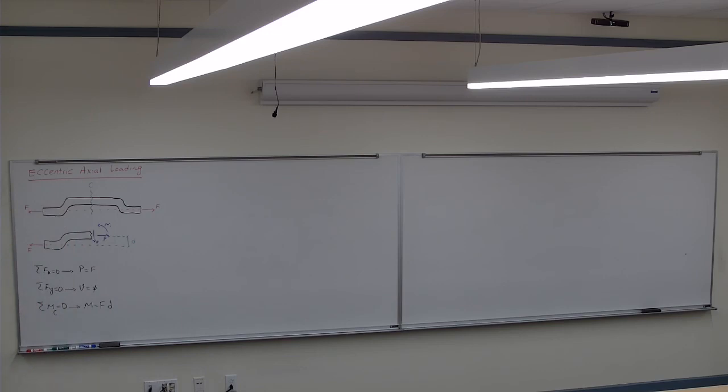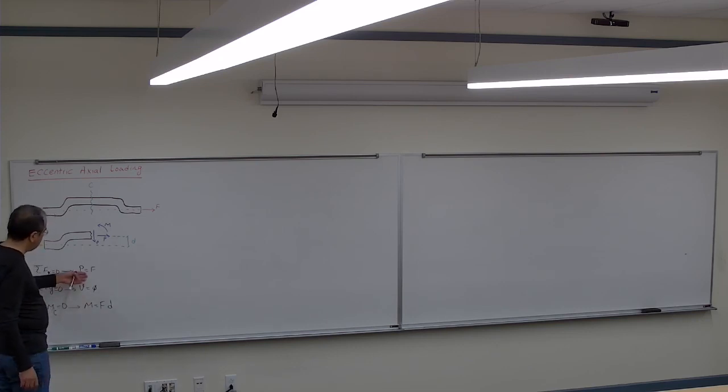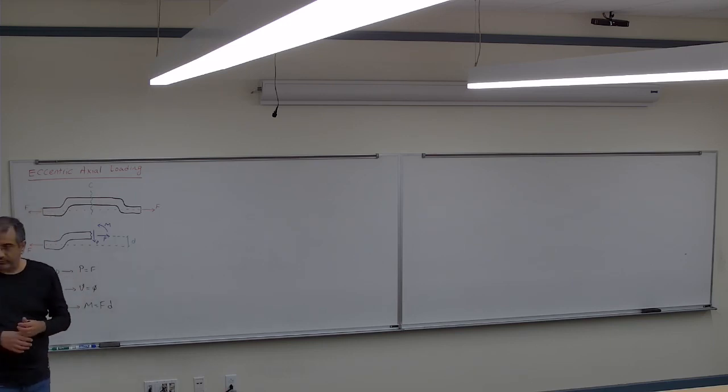So the shear is still 0, which means it's still pure bending because we don't have shear there. But now I have a moment, so now I have the axial load and a moment.